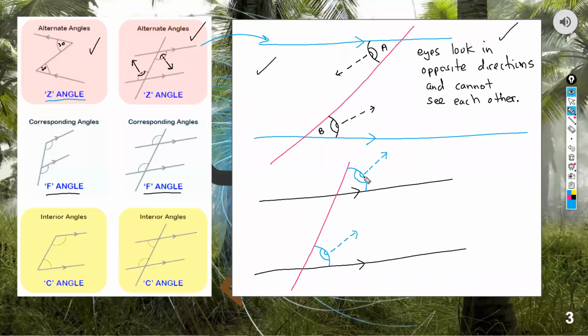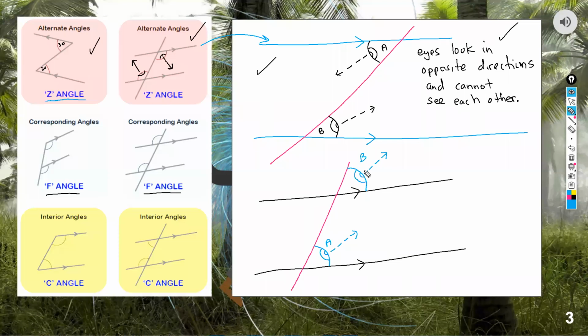In this case, they are looking in the same direction. Will they be able to see each other? Look at it properly. Someone said yes by mistake. That's wrong. How can eye A see eye B? Look, there's a black line over here. Remember, each line is a wall. This eye cannot see through the wall.